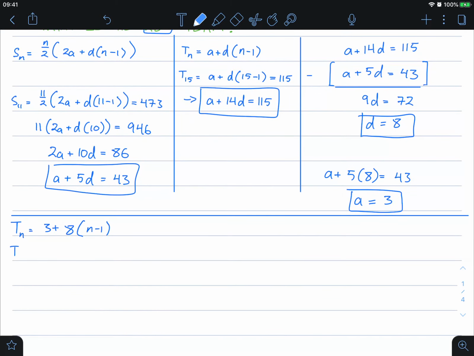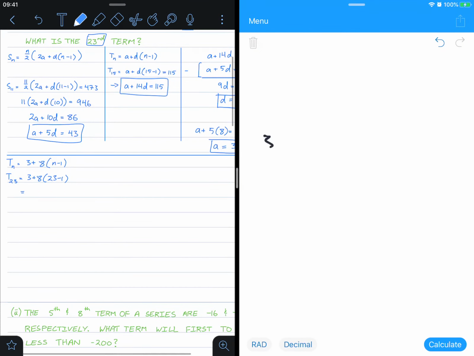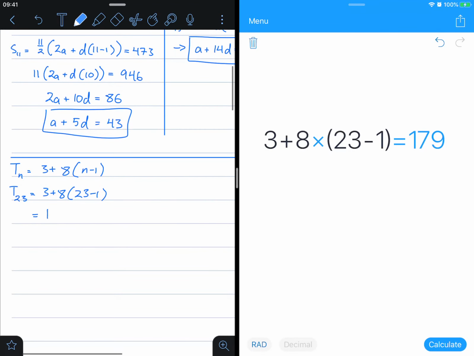Well, to find the 23rd term, it's going to be 3 plus 8(23 take away 1). Straight into a calculator for this. 3 plus 8(23 take away 1). We get 179. So the 23rd term is 179.